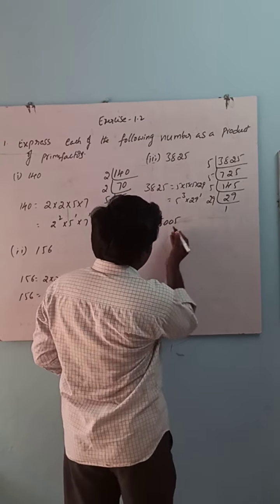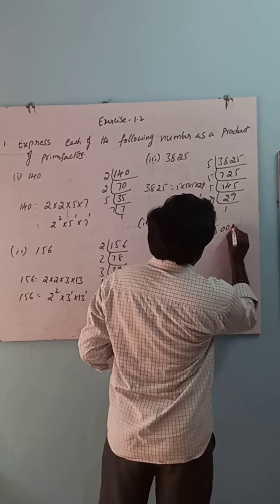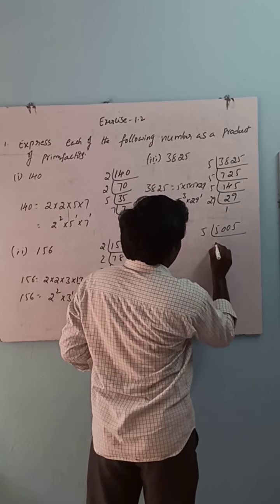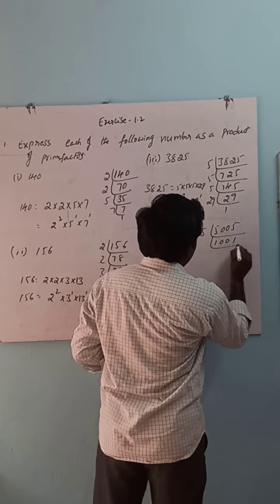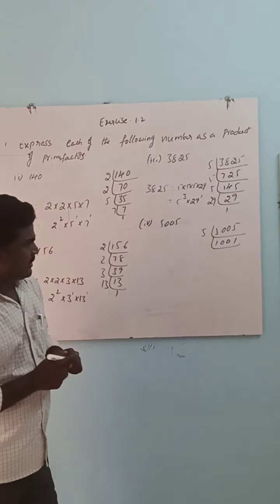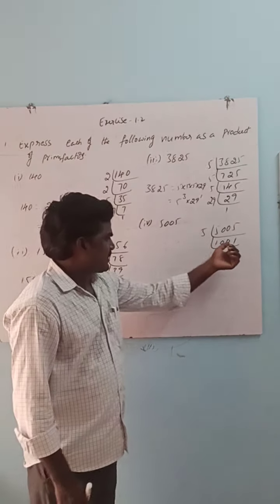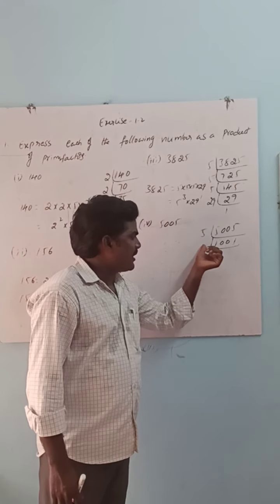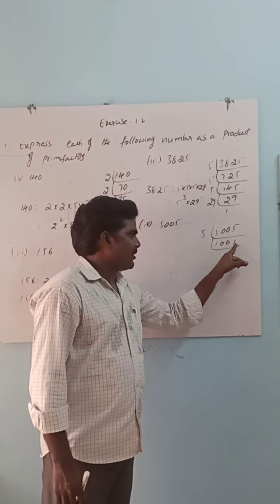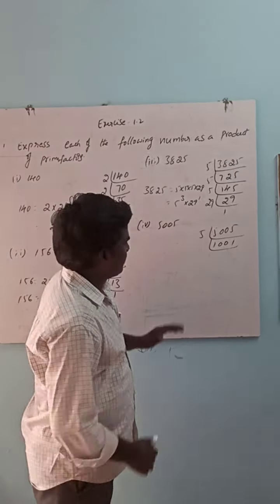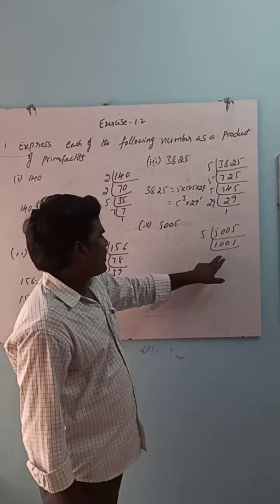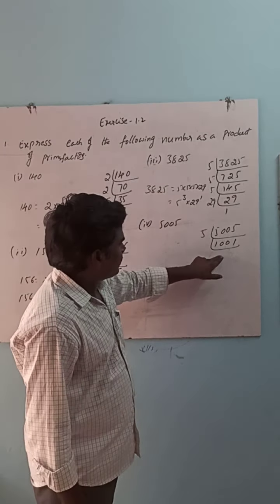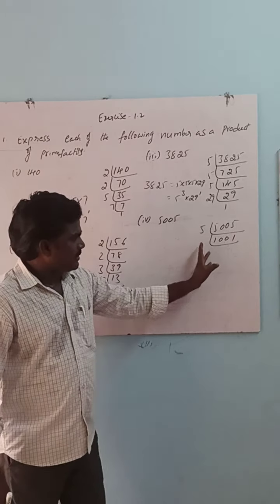Next, fourth one: 5005. Here also the same, unit digit is 5. So you can divide with 5. 5 into 1001. Okay, so next, it is not divisible by 2. Why? Its unit digit is 1. Okay, so check with 3. It is also not divisible.